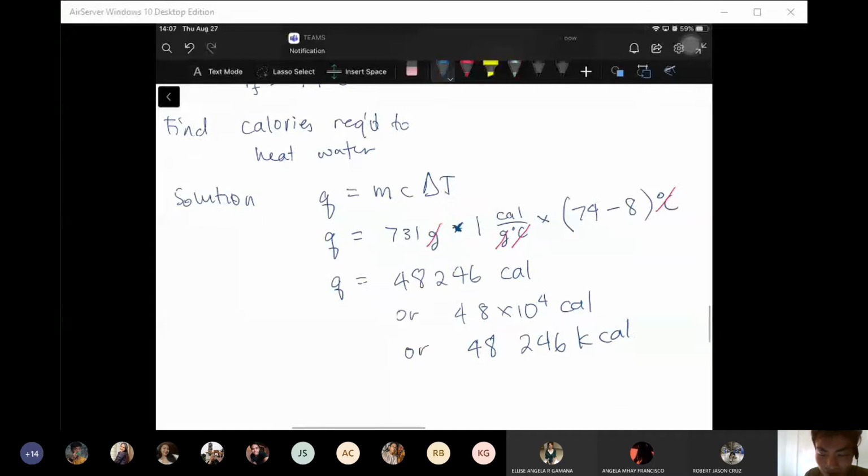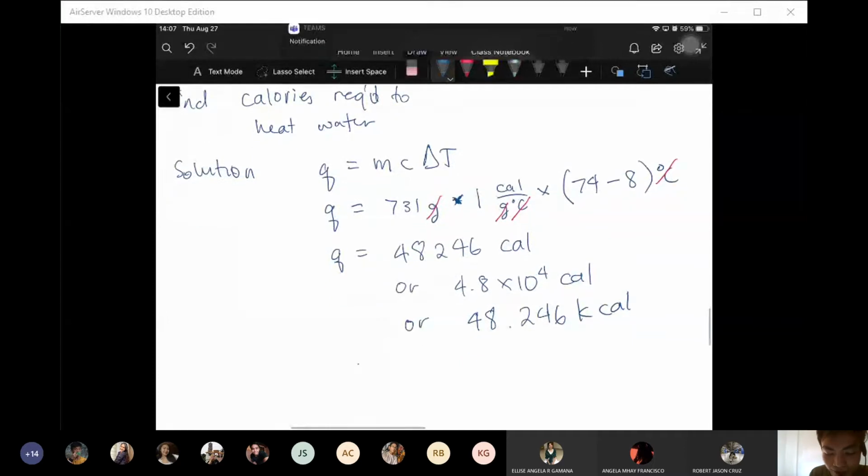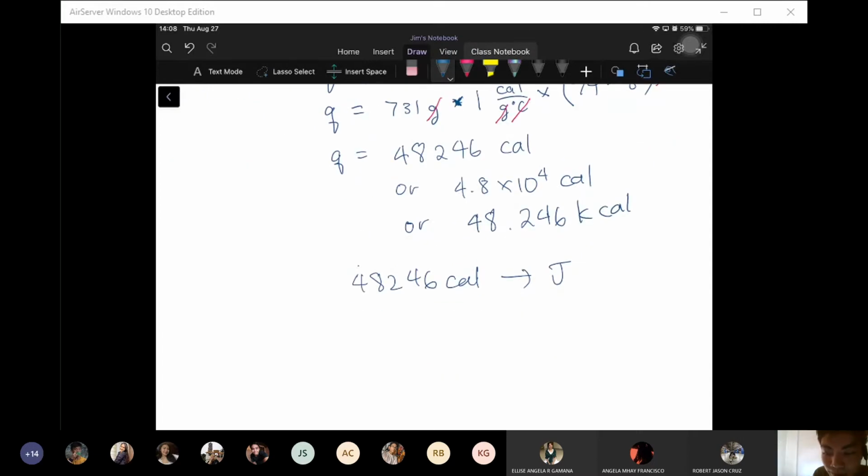So yun. What if I want to convert this answer to joules? Kunwari gusto ko siya i-convert to joules. I want to convert 48246 calories to joules. So remember the conversion factor: 1 calorie is equal to 4.184 joules, di ba?